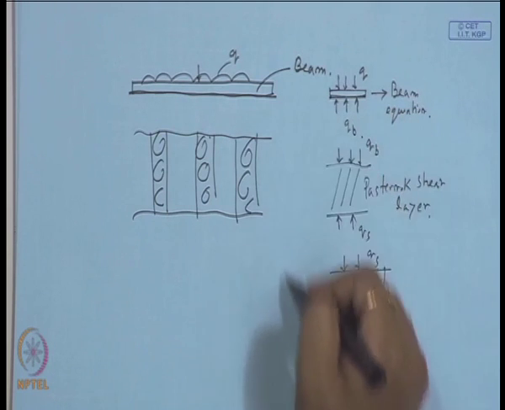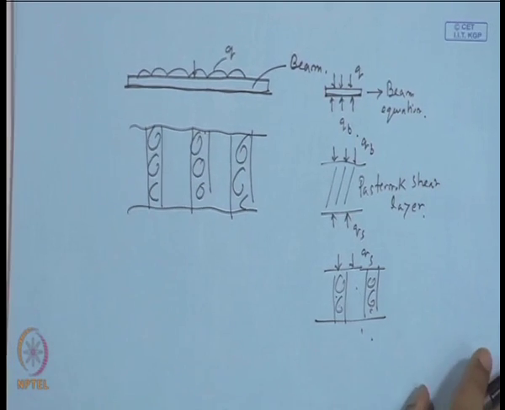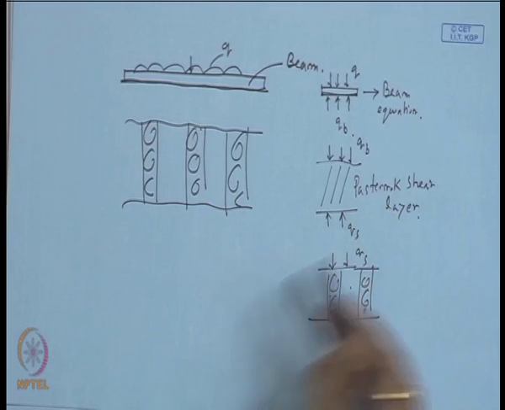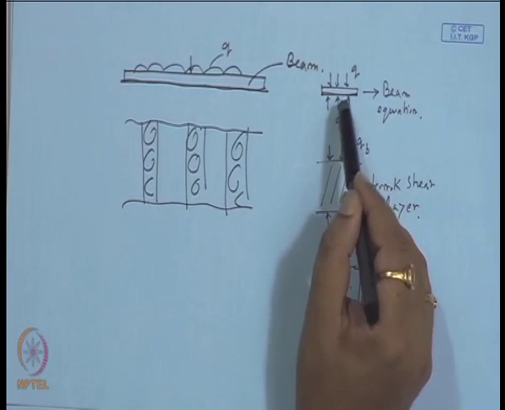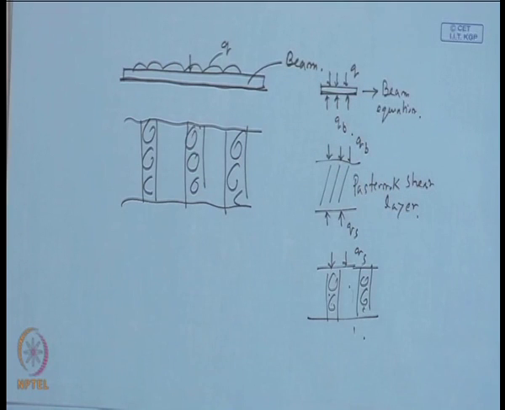Then if we solve these expressions, we can determine the settlement, because in the previous problem we could determine only the settlement. Here, from the settlements we can determine the bending moment and shear force of the beam, but we have to apply the boundary conditions here also for the beam.